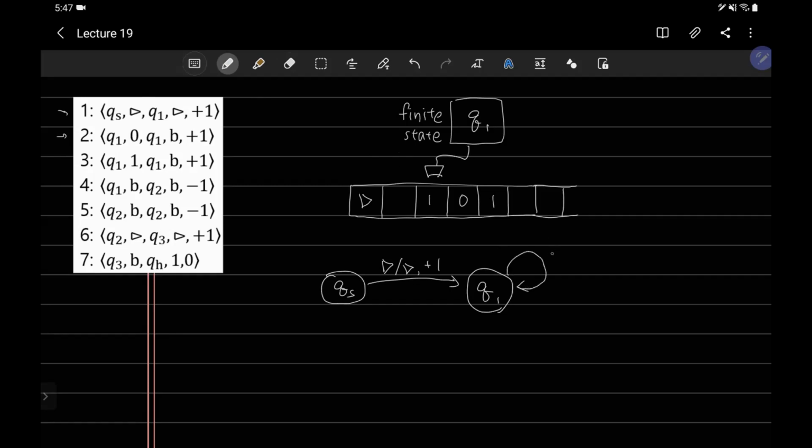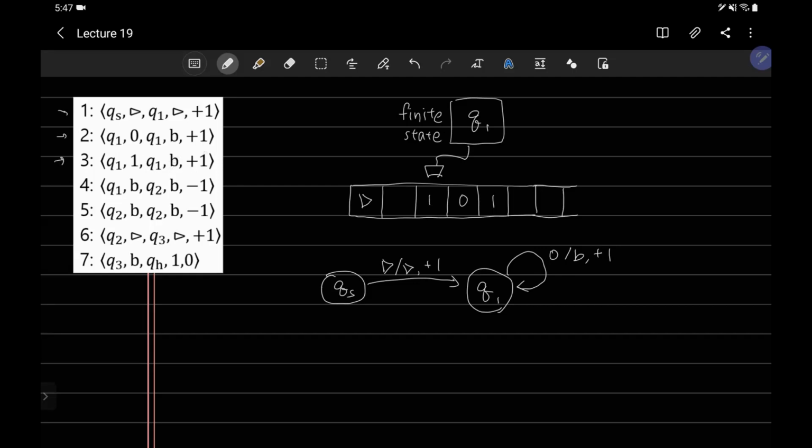So if our input is 0, then it will be replaced by blank, and it will move 1 to the right. The next situation is that the state is still Q sub 1, but the value read by the head is 1. So this corresponds to the third line of the program. What we have to do is keep the state as Q sub 1, but the value will be erased, replaced by blank.